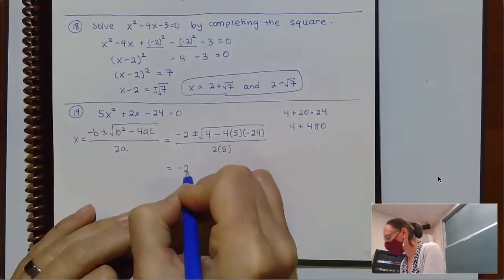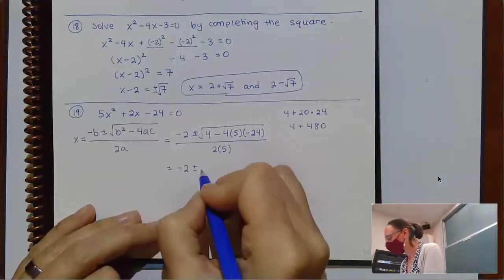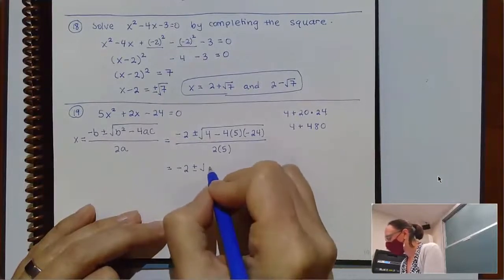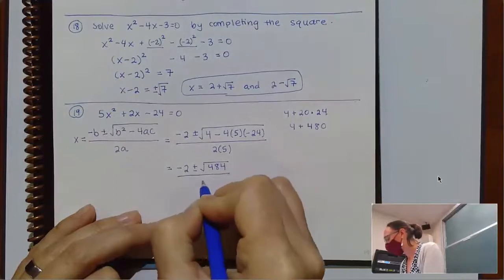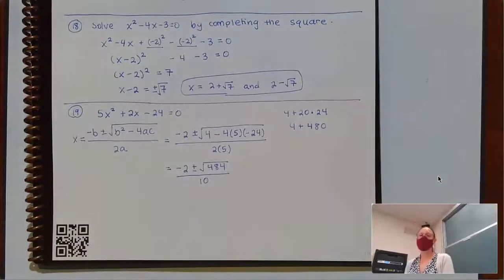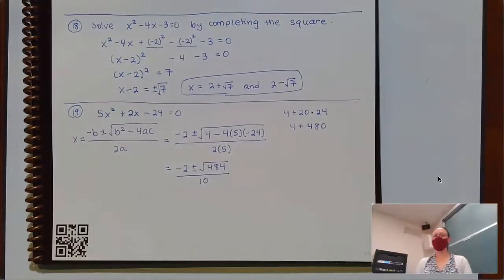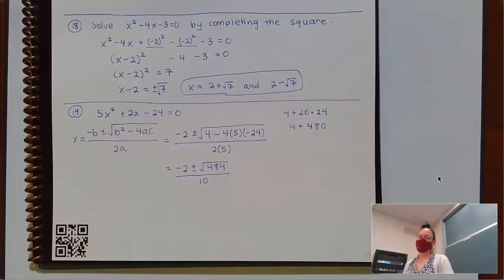So I'd have -2 plus or minus the square root of 484, all divided by 10, and it's totally fine if you want to leave it just like that. Oh, yeah, if you want to try to simplify what's under the square root, you can definitely do that as well.